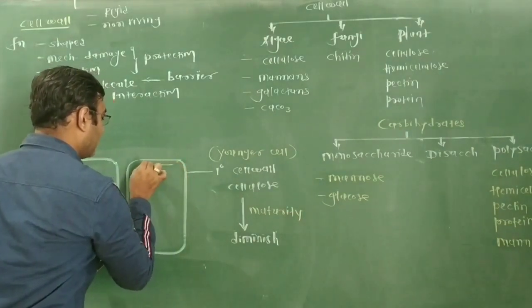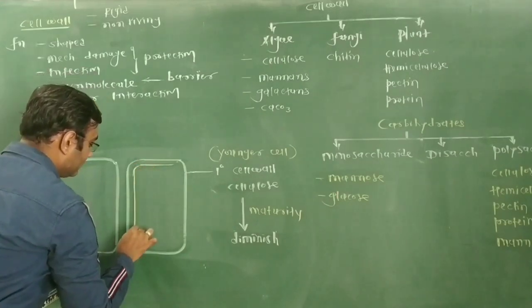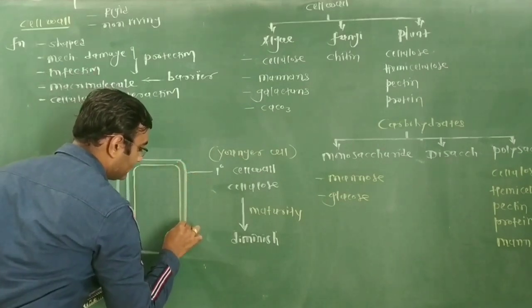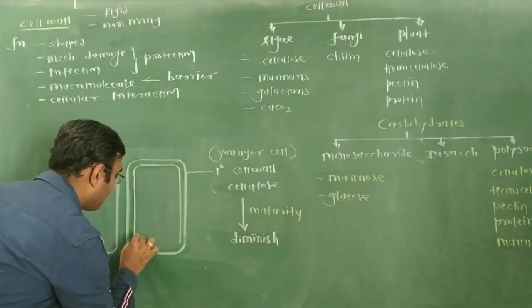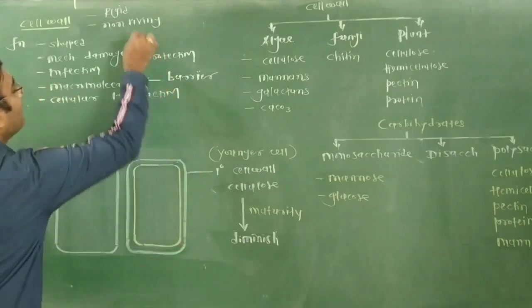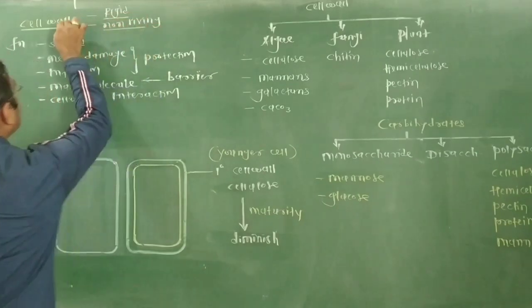This is the plasma membrane, the yellow lining. Outside the plasma membrane is a rigid, non-living structure, that is the cell wall.